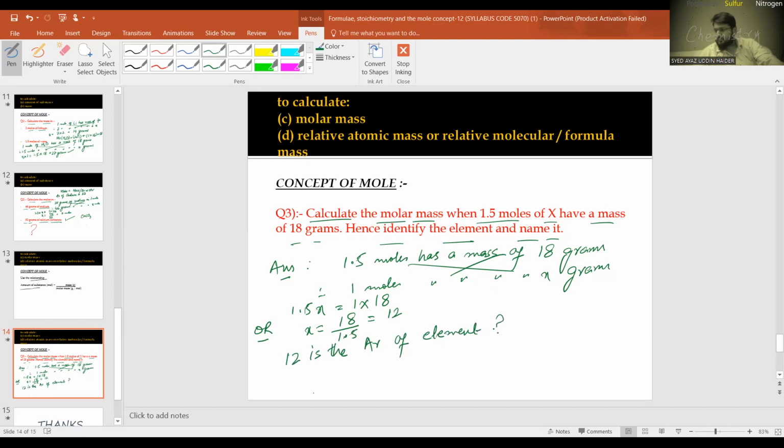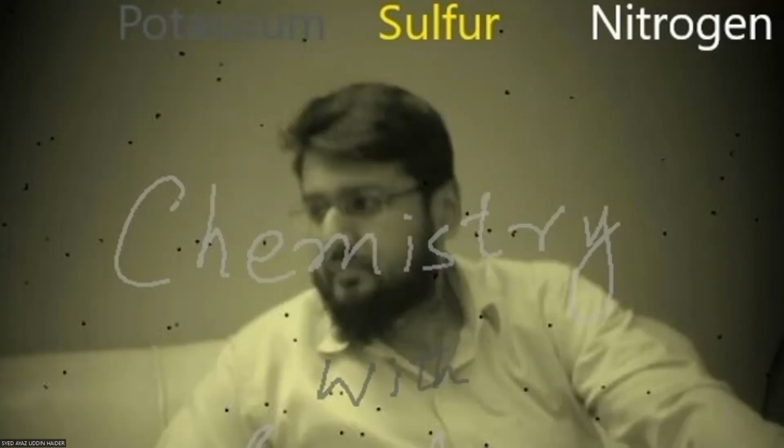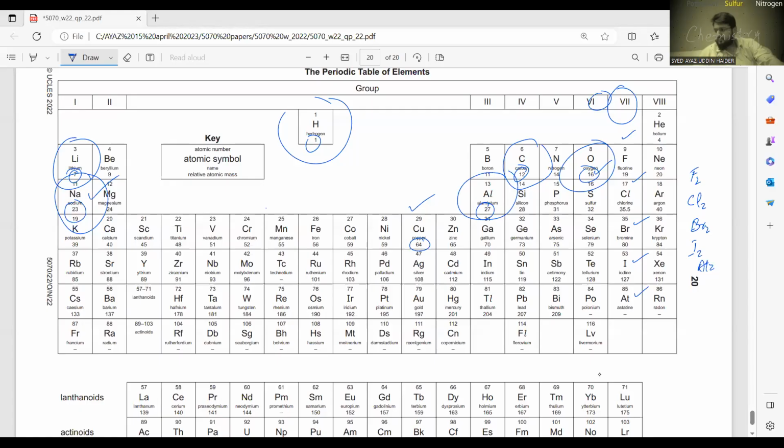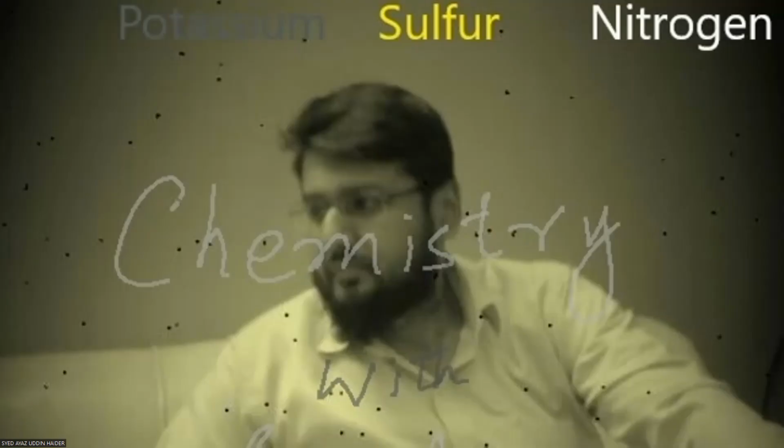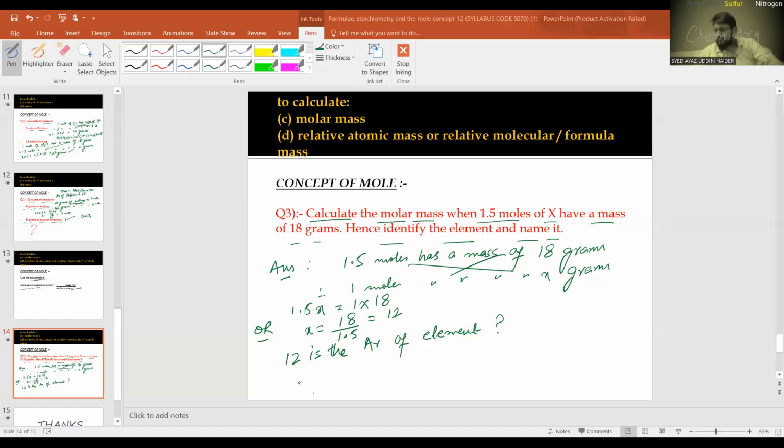By looking at the periodic table, you can easily deduce the identity of the element. If you look at the periodic table, only carbon is the element which has 12 as its AR. So, the identity of the element will be carbon.